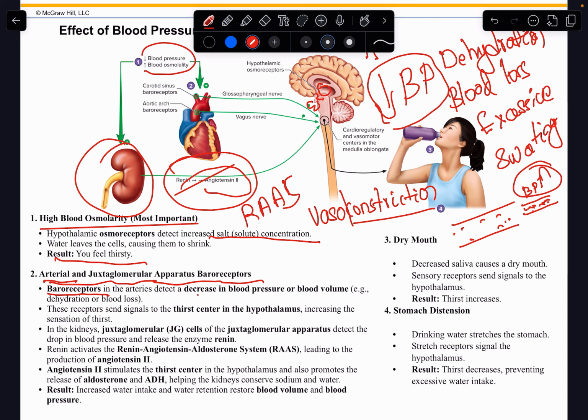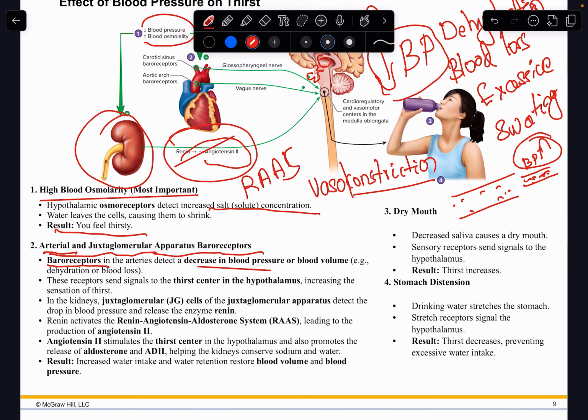So they detect what? A decrease in blood pressure. These receptors send the signal to the thirst center in the hypothalamus. They're sending that information to the hypothalamus, which detects the drop in blood pressure and releases the enzyme renin.